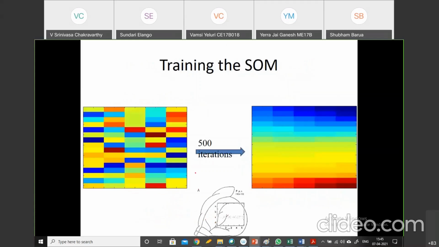So initially, the frequency numbers inside the SOM are all random. There's no specific order. But after training it for about 500 iterations, they found that the map automatically reorganizes itself in such a way that the low frequencies are all in one end of the map and high frequencies are all in the other end.